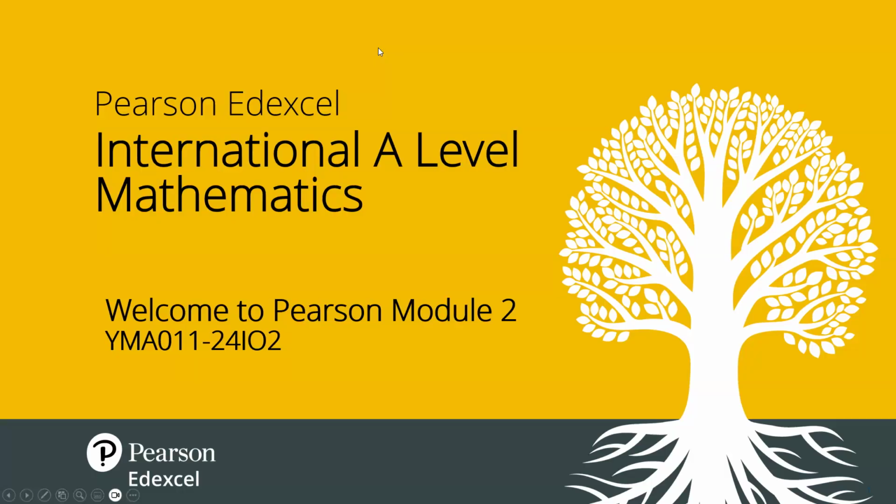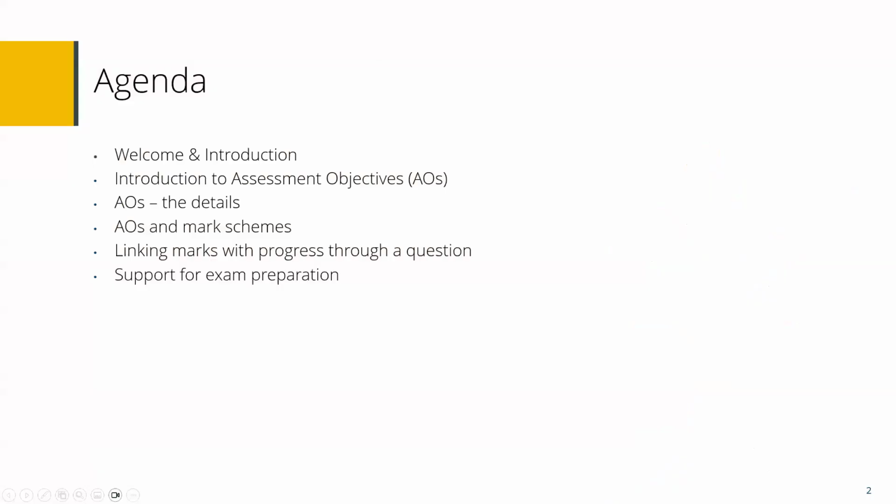The agenda for today, just so that you can see the difference between module 1 and module 2. Once I have the welcome and introduction with regards to Pearson as well, I will give some information regarding the assessment objectives of the International A-Level, explaining the rationale and how that guides the examiners in how to put the assessments together.